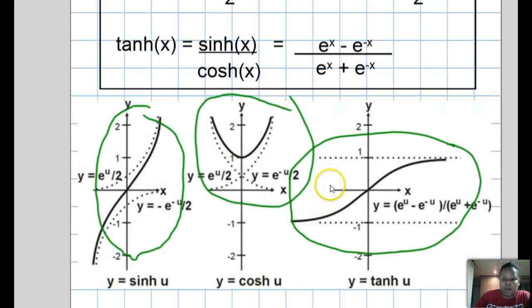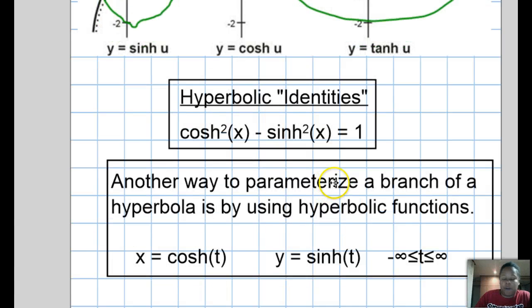Both of them are representative of parameterizing a branch of the hyperbola. And again, this is only the right branch, and if I want to parameterize the left branch, or the negative branch, I place a negative in front of each of these to parameterize the left branch. So you need to be able to do that.